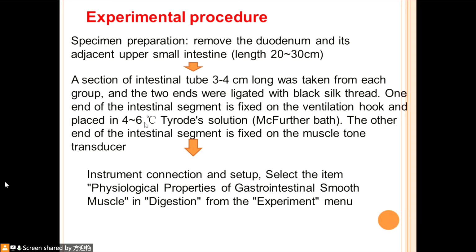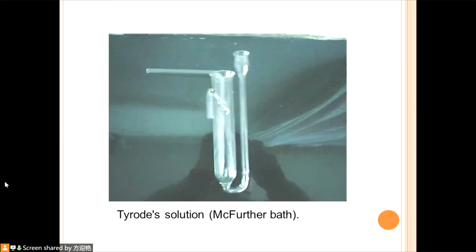Then place it at about 37 degrees Celsius in the Magnus bath. We can see the Magnus bath filled with Tyrode's solution, and then take this ventilation tube, which is connected to the oxygen bag.